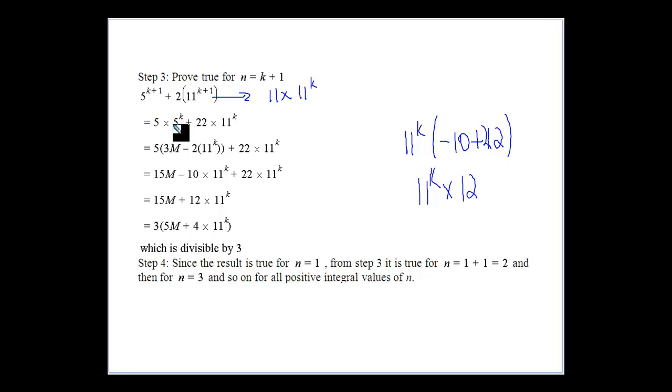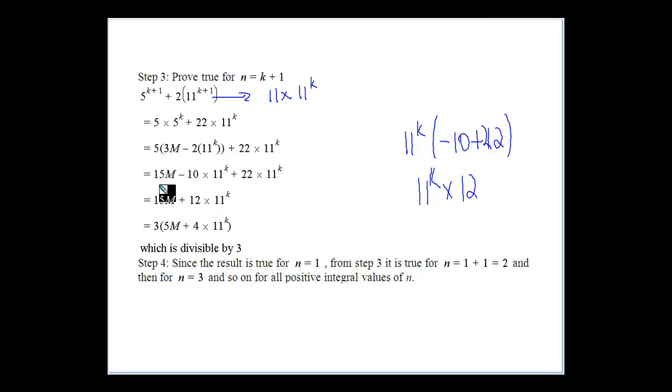Now we want to get a substitution in there, because we don't know whether this is divisible by 3 yet. So let's make our substitution: 5 to the power of k is equal to 3m minus 2 lots of 11 to the power of k, and we still have the plus 22 lots of 11 to the power of k as well.